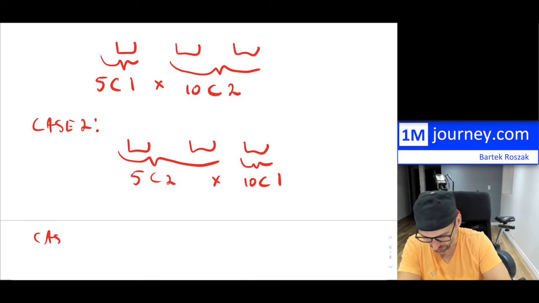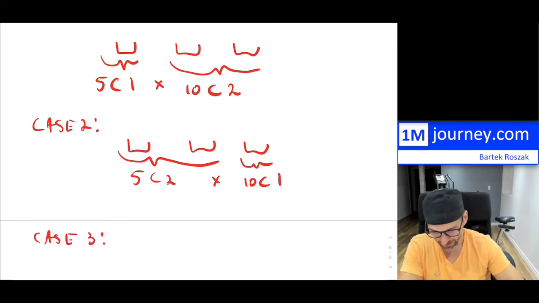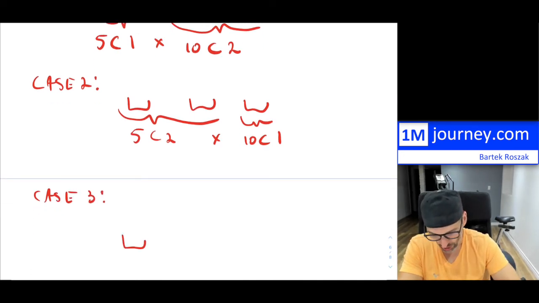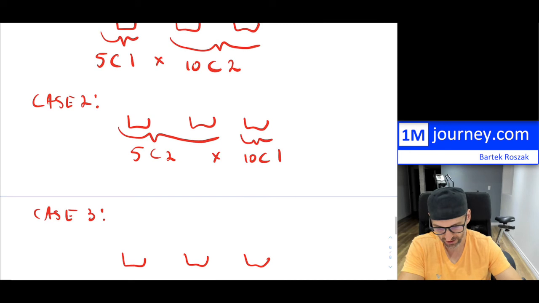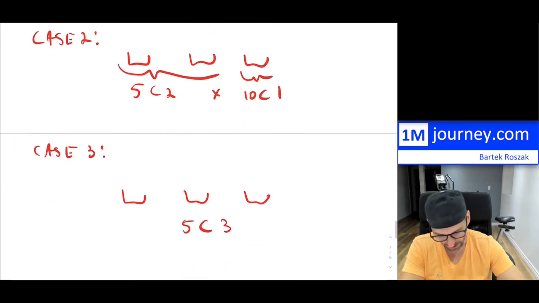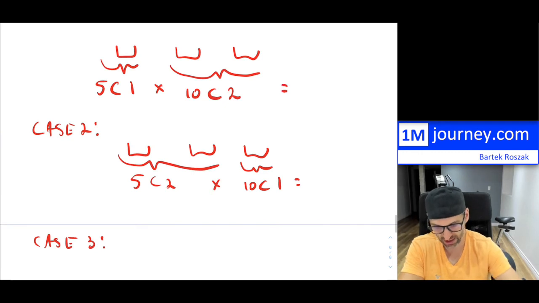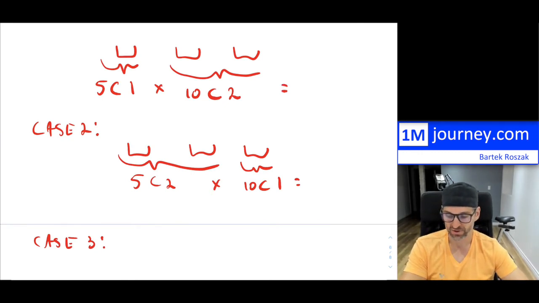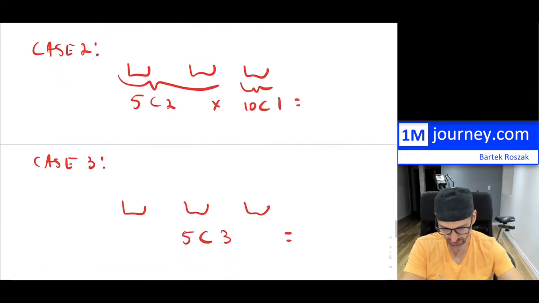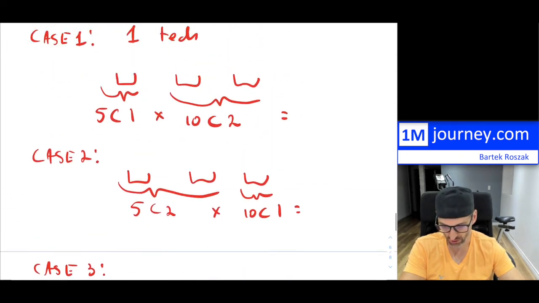And then you would have to do case number 3, which is all 3 of them are technology stocks. So 5 choose 3. For these, you can find what they are and then just add them up. So you use the additive property for counting, and that would give you the total.